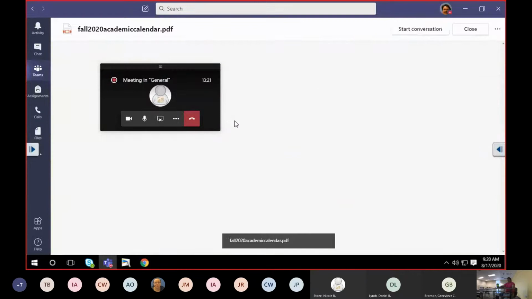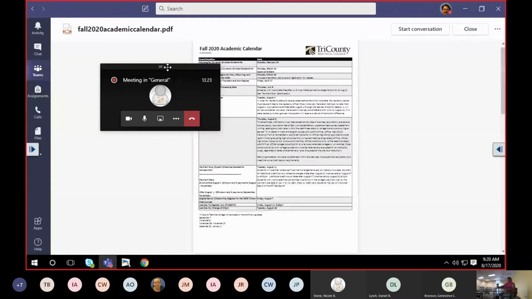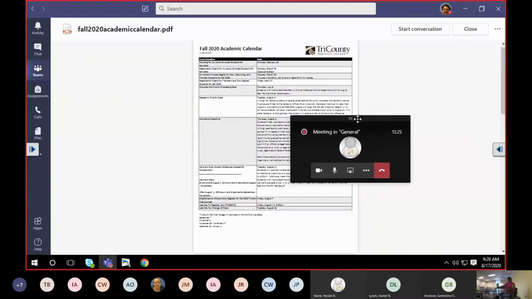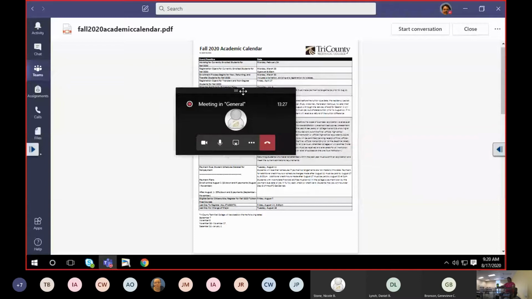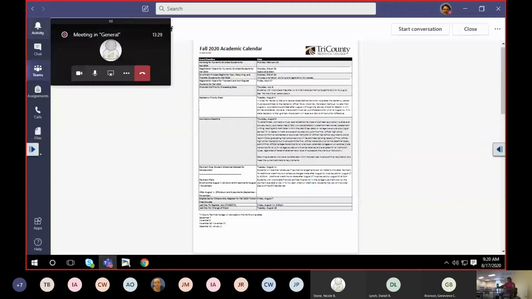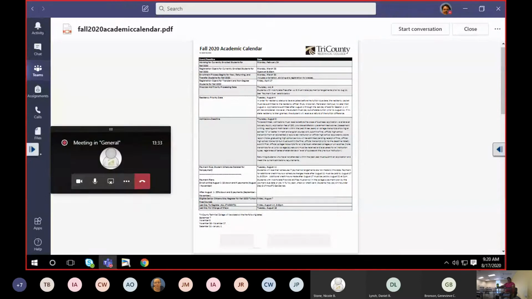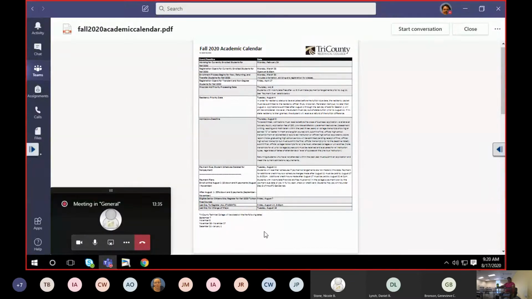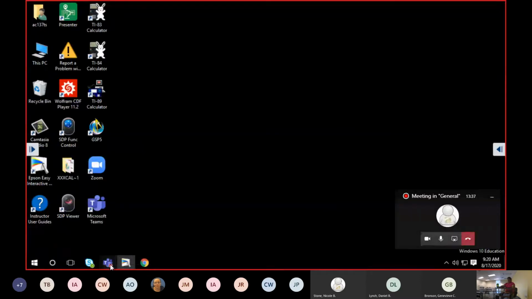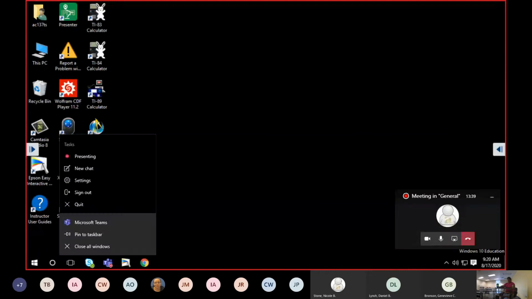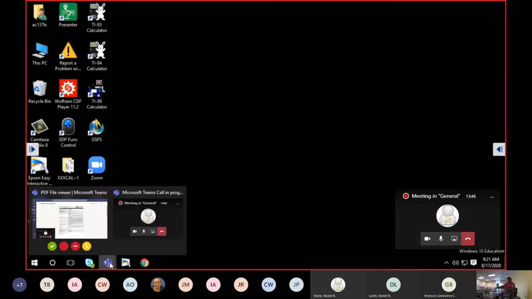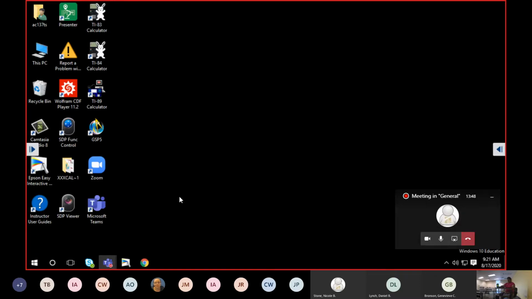The academic calendar, I'm going to move this down. I'm going to move this back over here now, because for right now, I'm done with Teams. Why is it not? Hold on a second. I don't understand. Skype for Business lets me move everything over. Why can't I move everything over here?